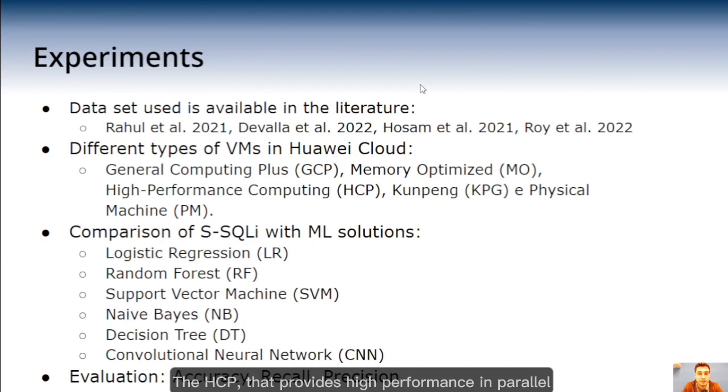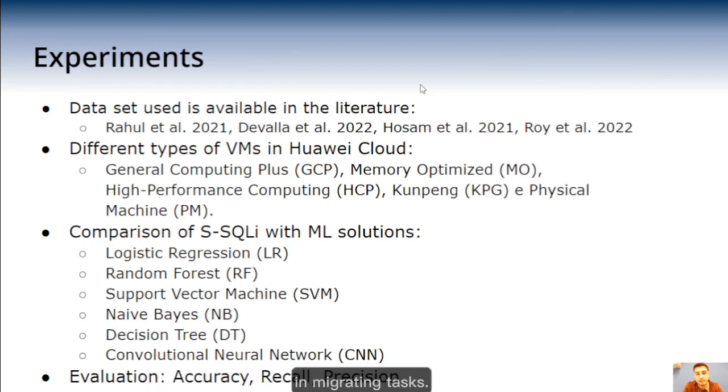The HCP provides high performance in parallel applications and infrastructure services. The KPG uses a Kunpeng processor that allows an economic baseline for services and migrating tasks. And finally, we test in a physical machine at the edge.